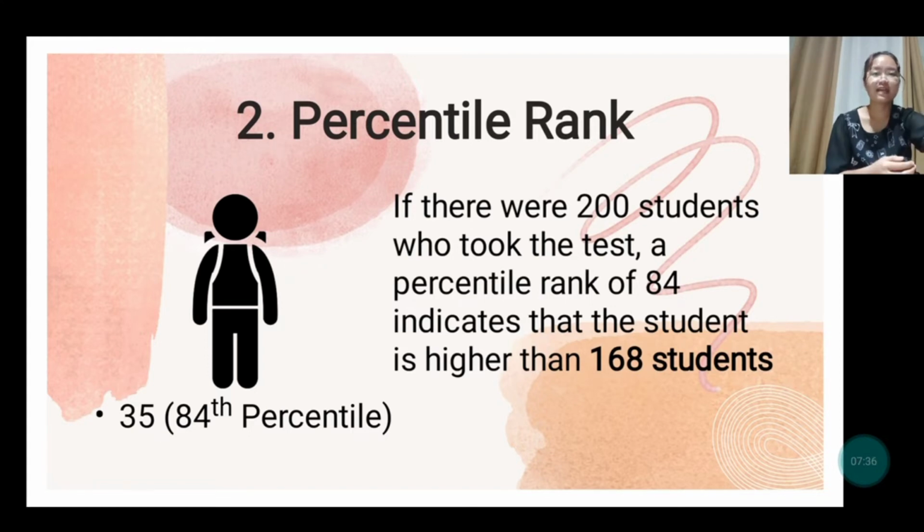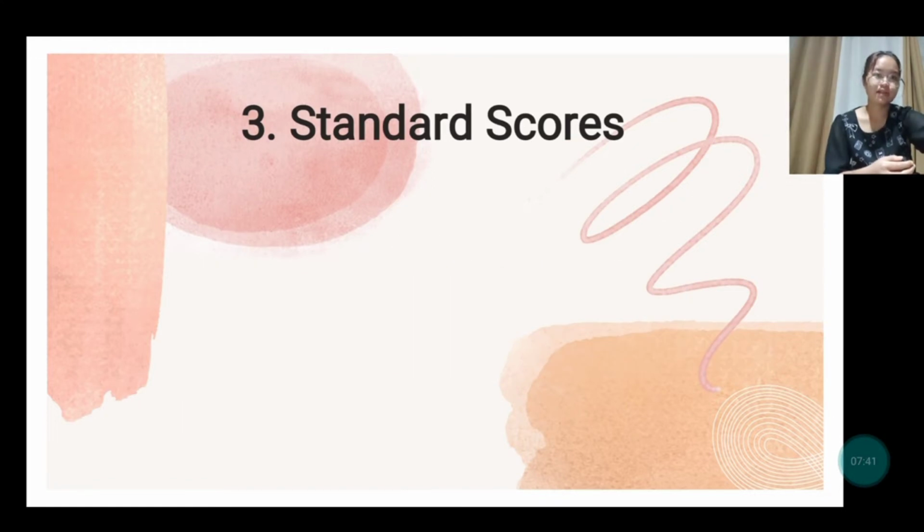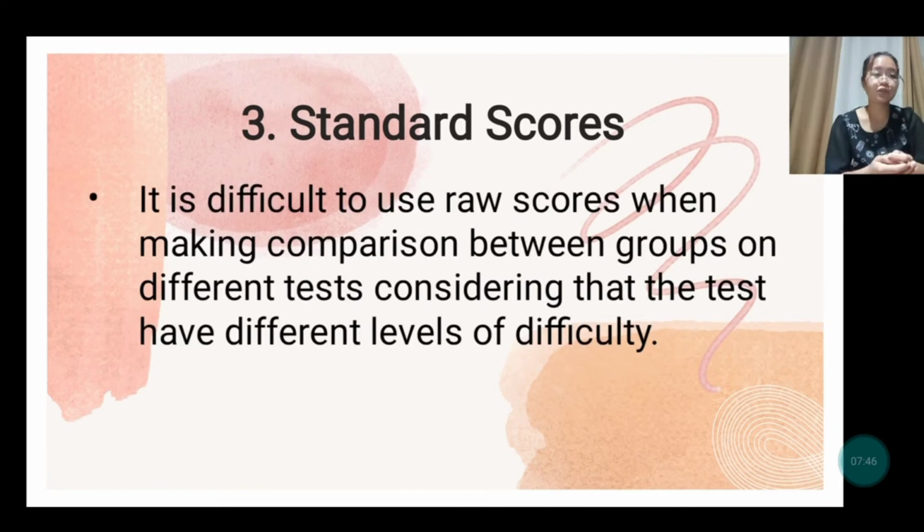The next type of test scores is the standard scores. It is difficult to use raw scores when making comparisons between groups on different tests, considering that the tests also have different levels of difficulty. An example of this is a test from a math and a Filipino subject. Do you agree that these two subjects have different levels of difficulty?